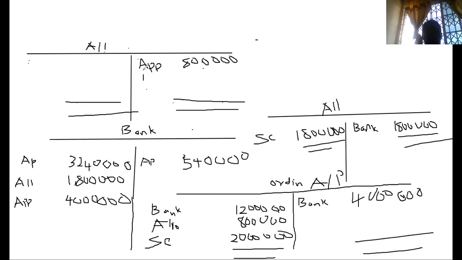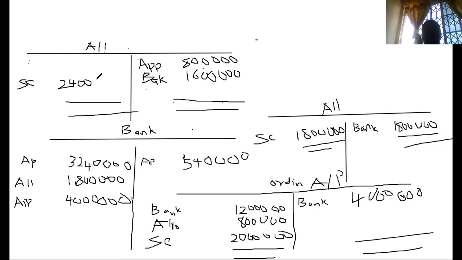So bank will be 1,600,000. So what is to be transferred to stated capital will be the 240,000 here. So stated capital is 240. That is 2,400,000.